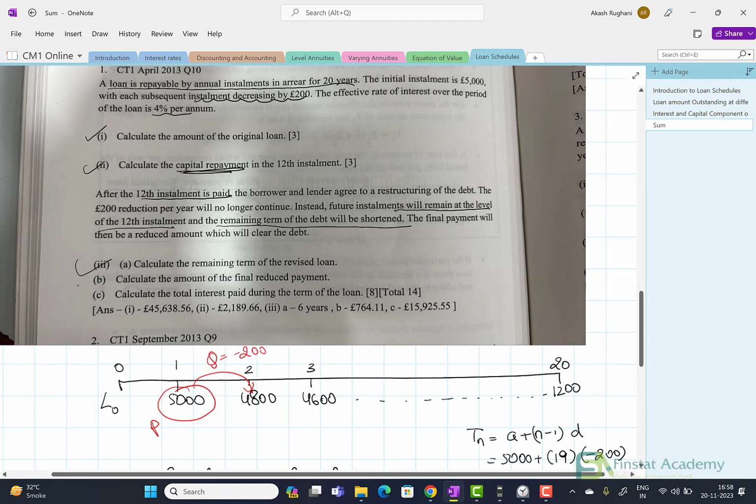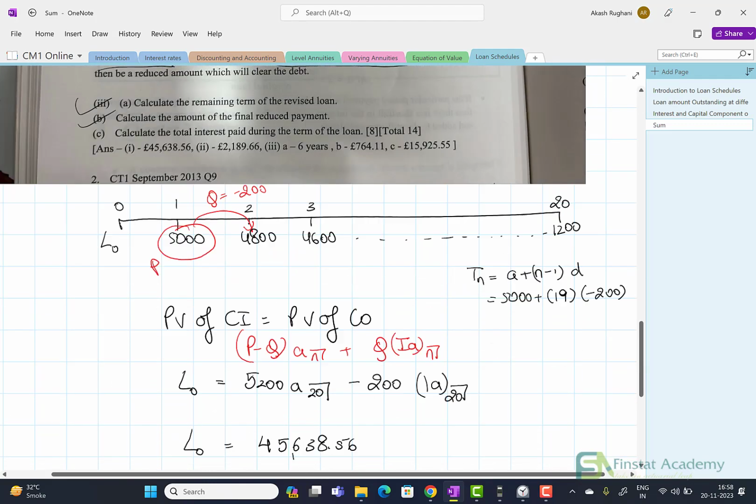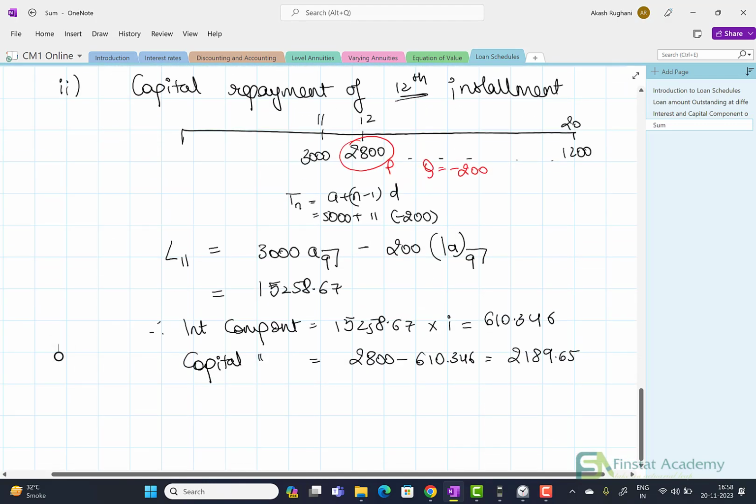Calculate the remaining term and the reduced amount. Cool. I hope everyone got the question. What does it say? That after the 12th repayment, so after time 12, which becomes 0 for us, the further reduction of 200 won't happen. The installments 13 onwards will remain level.